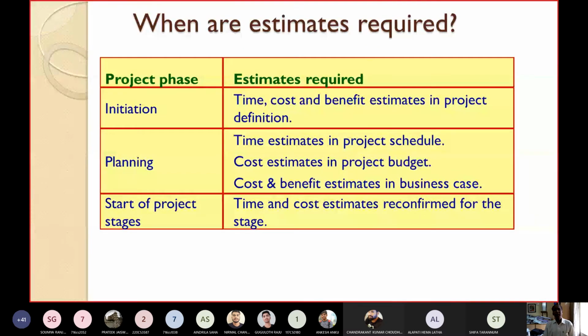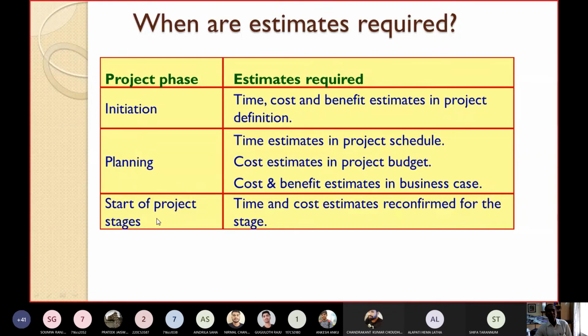When are the estimates required? During which phase are the estimates required? We have three important phases: project initiation phase, project planning phase, then project execution phase or start of the project stages. During the initiation phase, we must estimate the time, cost, and benefits in the project definition. During the project planning phase, we must estimate time in the project schedule, cost in the project budget, and cost and benefit in the business case or the feasibility study report.